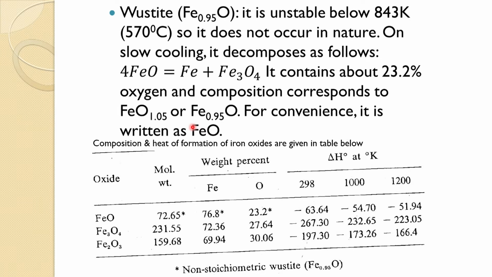This table tells you the heat of formation and the composition of all three important oxides which are part of the blast furnace: the molecular weight, the iron content, the oxygen content, and the heat of formation at various temperatures.